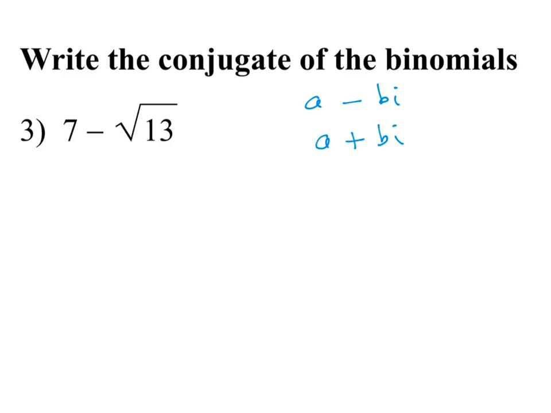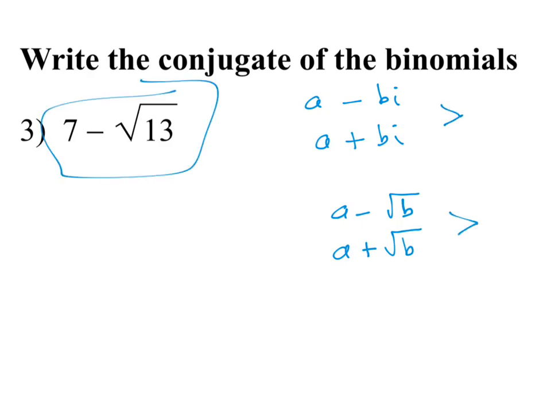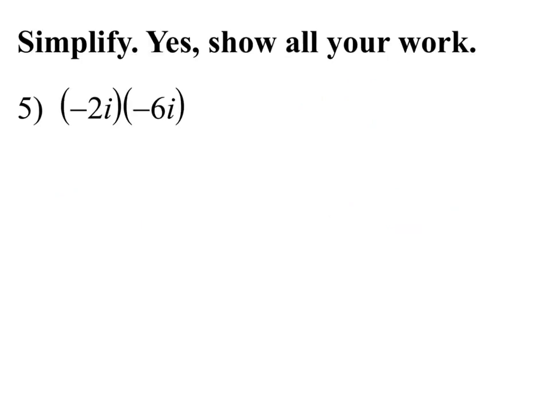Or you can see it as a minus root b and a plus root b. These are conjugate pairs. Conjugates always come in pairs. And so the conjugate for something like this is going to be 7 plus root 13. So it's the same thing. You just change the operation in the middle to subtract if it's add and add if it's subtract.